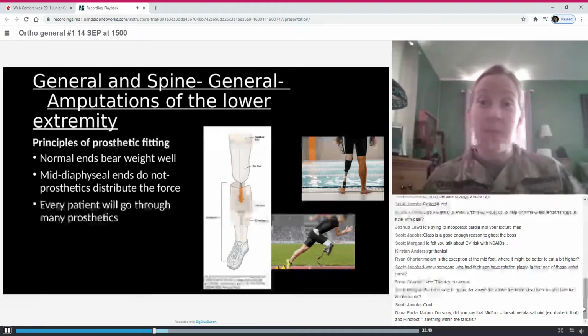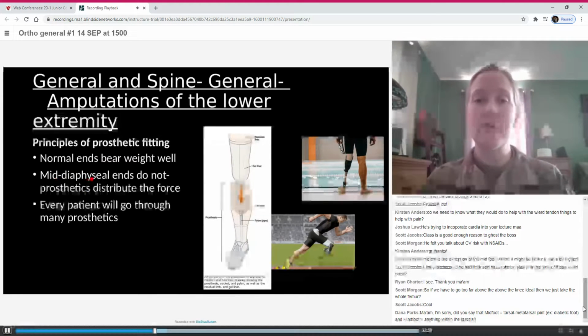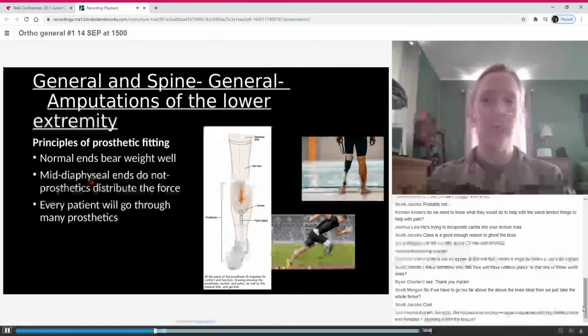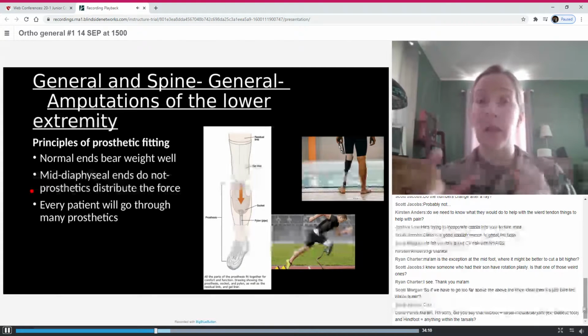They may be able to walk around on their knees pretty well because the end of the femur is designed to bear weight. But once we cut anywhere in a mid-diaphyseal region, the bone is not designed to bear weight through that. So we have prosthetics that are designed to distribute that weight.